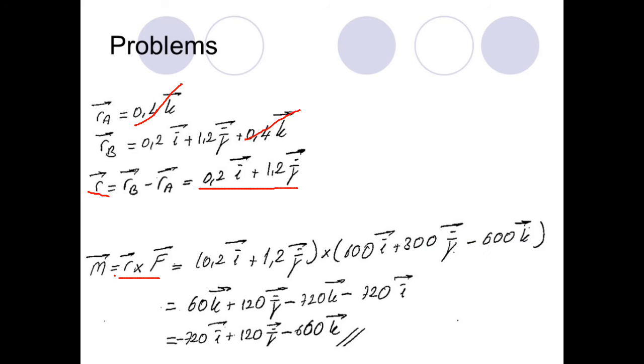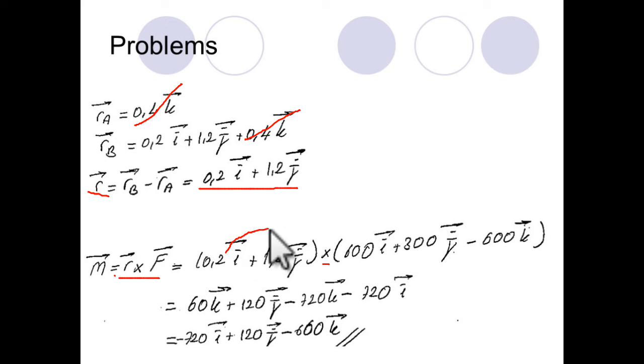Now let's write the vectors. So this is our position vector, 0.2 i plus 1.2 j, vector product 600 i plus 300 j minus 600 k. Now let's do the multiplication of each component.